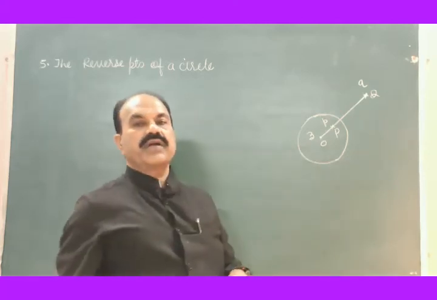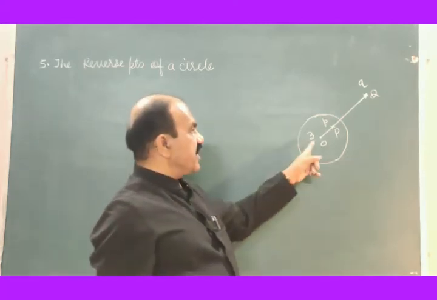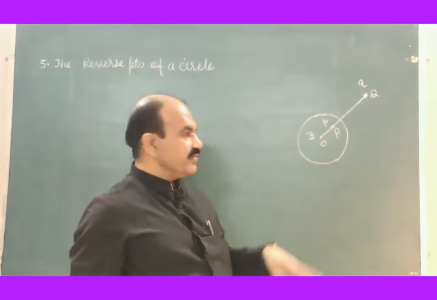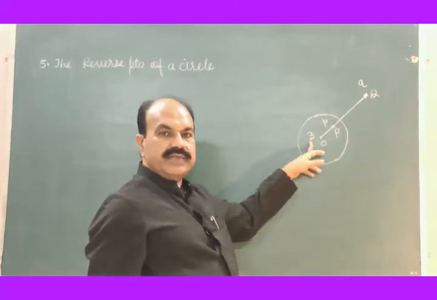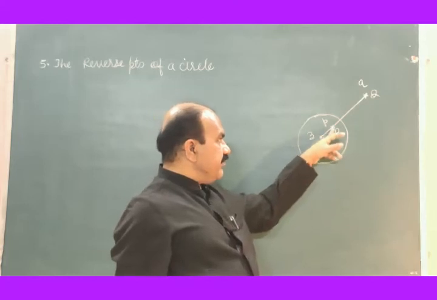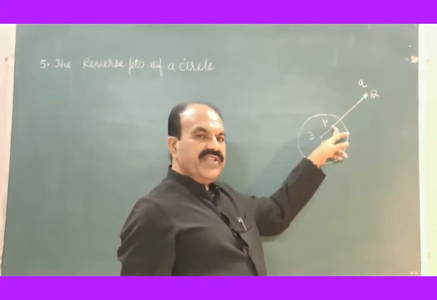Let us consider this circle. Center of this circle is O. O is specified by complex number Z. P is a point somewhere here.